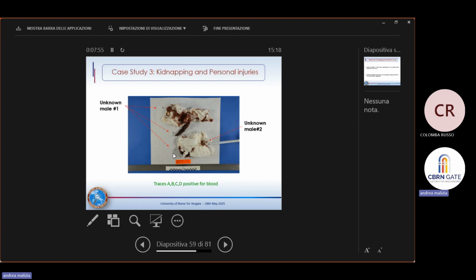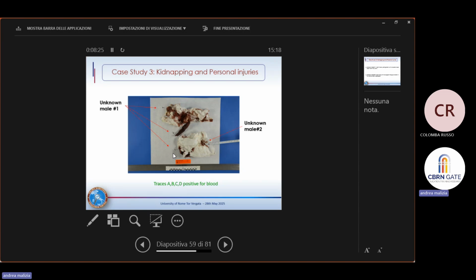This man was using an axe to cut the hand of the victim, but in doing this, probably he cut a part of his finger or something like that. Part of his blood was on it, also probably the victim was not happy about this, and probably there was a fight. Some blood was found on this item.